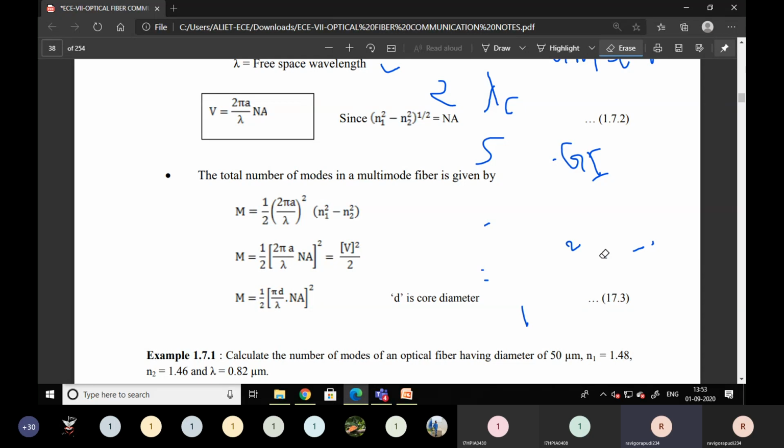Calculate the number of modes of an optical fiber having diameter of 50 micrometer, N1 is 1.48, N2 is 1.46, lambda is 0.82 micrometer.